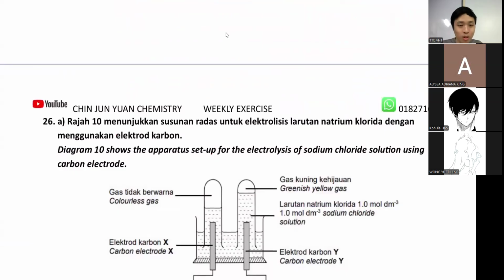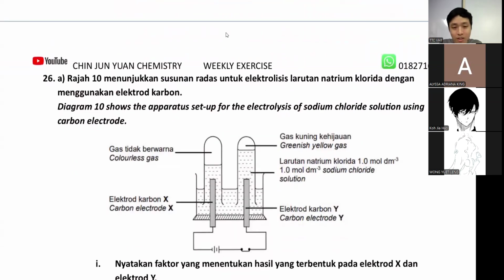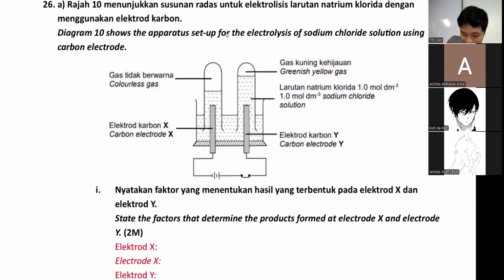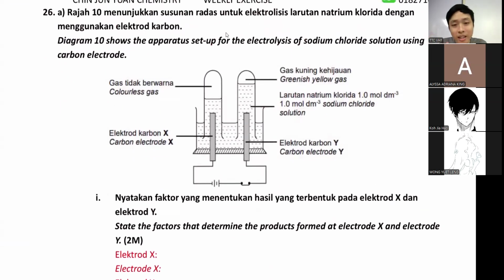Okay, question 36. This alone takes a lot of time. Analyze again, you already know. If you see a battery, this is an electrolytic cell. If you have two of the same thing, like carbon electrodes, you already know this is an electrolytic cell.